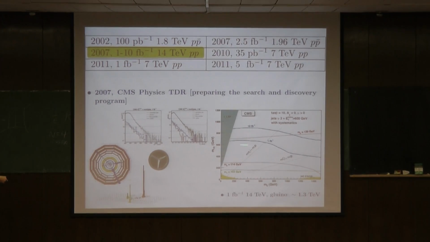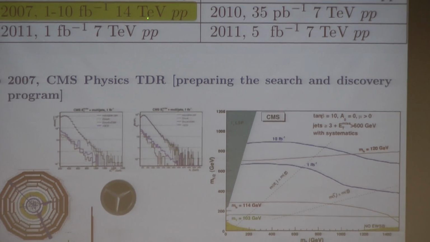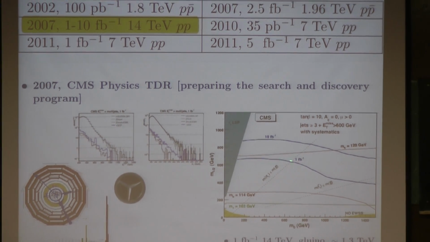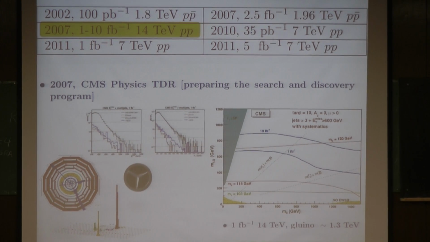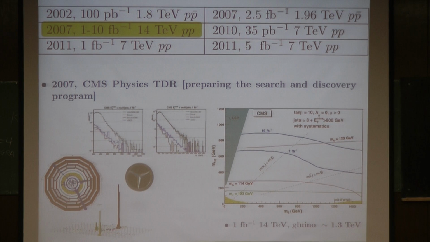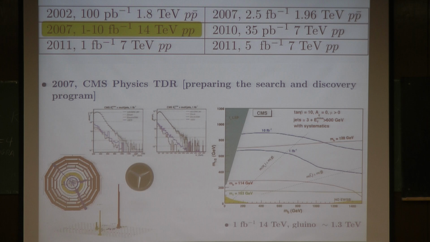When we were preparing for the LHC at 14 TeV, we were having a 5 sigma reach, that was a discovery, with 1 inverse femtobarn that would cover this space here in the M0, M1/2. I'm assuming you know M0, M1/2, so I'm not saying anything about that. And we were reaching, therefore, with 1 inverse femtobarn of 14 TeV data, a gluino of 1.3 TeV.